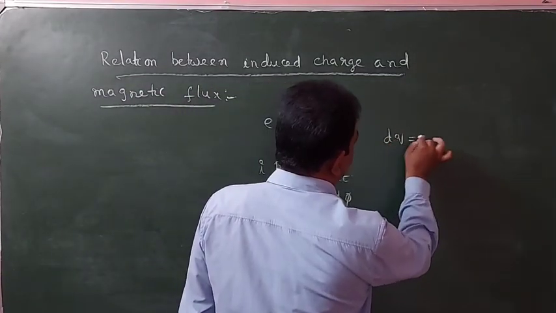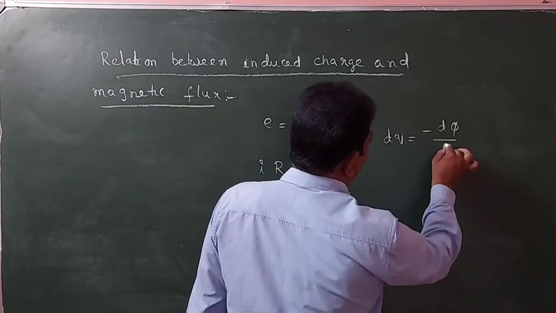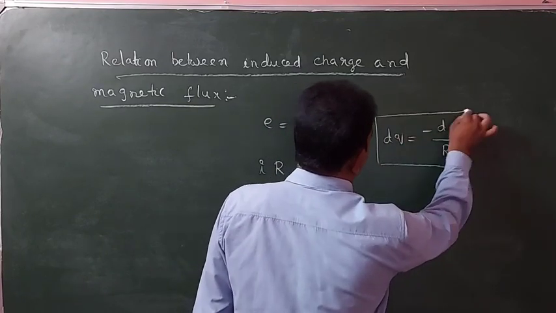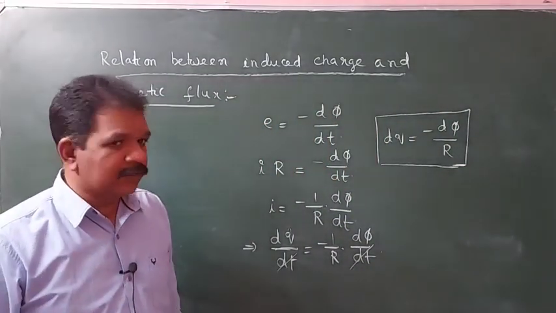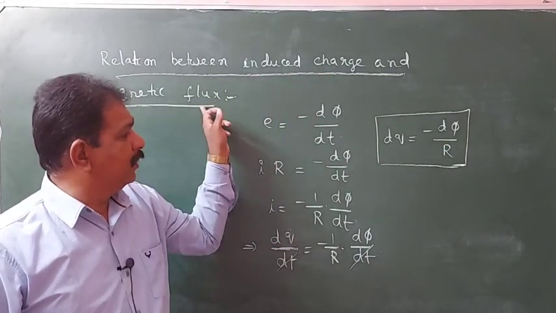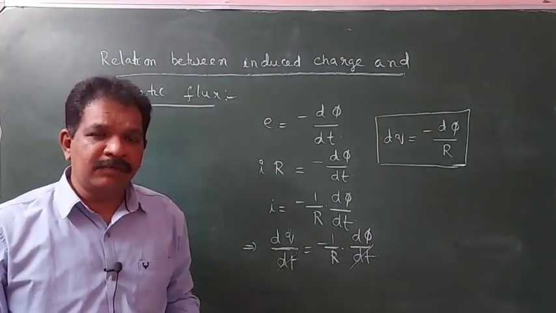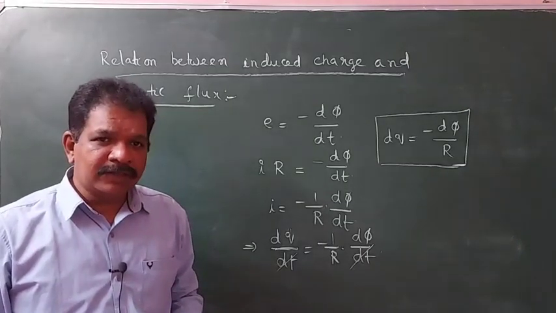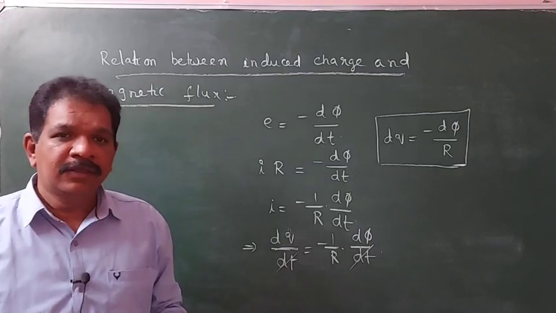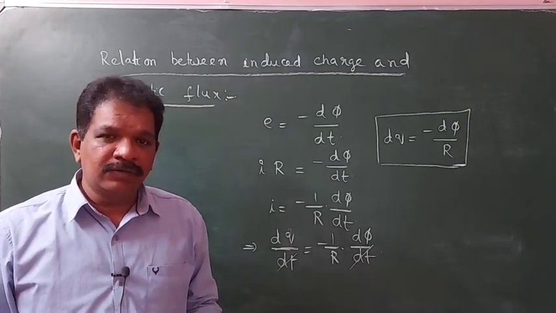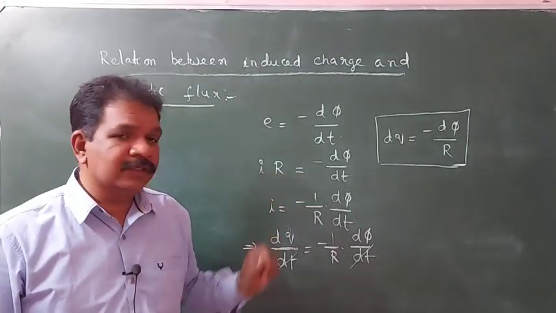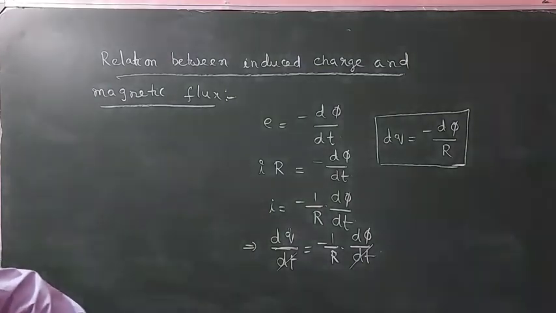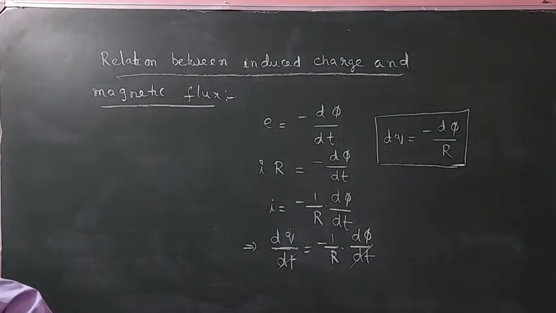So dq is equal to minus dφ by R. So dq will be called here the induced charge. dφ will be the magnetic flux. So the relation between magnetic flux and induced charge is dq is equal to minus dφ by R. R is resistance.